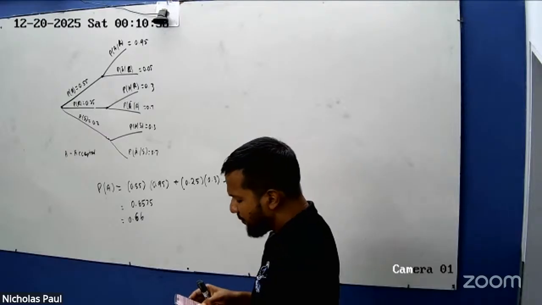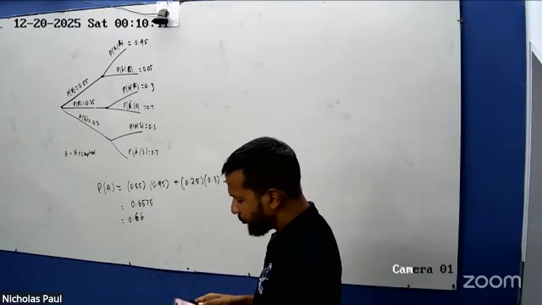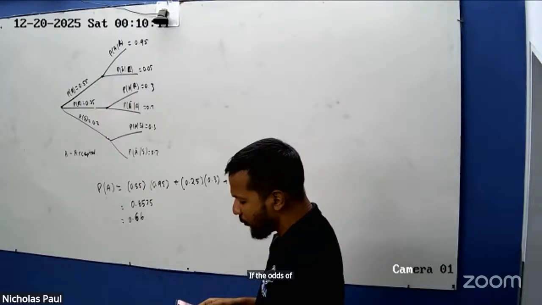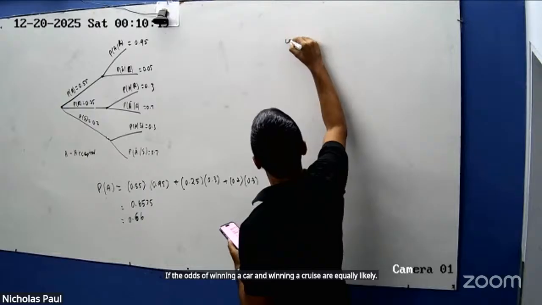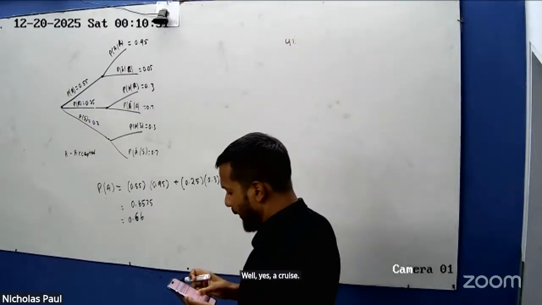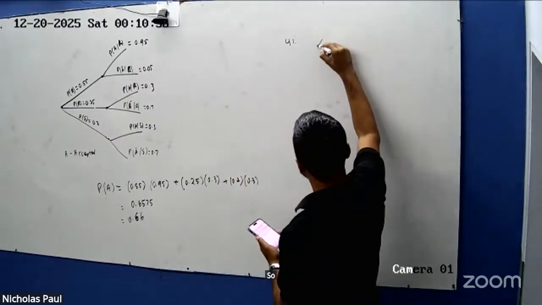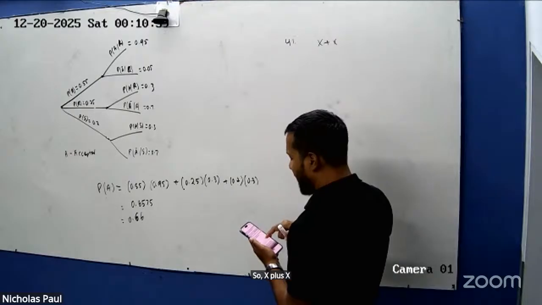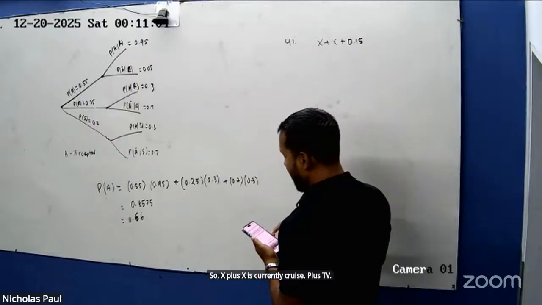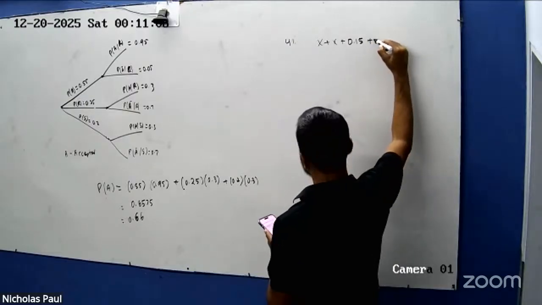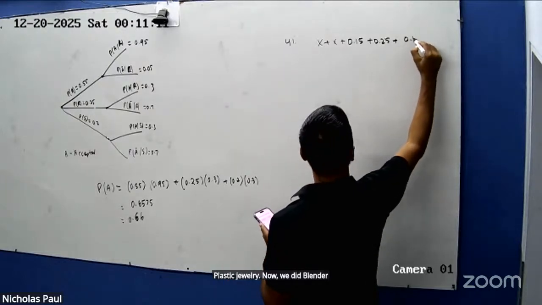First one, they give you the prizes and the probabilities. The odds of winning a car and winning a cruise are equally likely. So x plus x, that's the car and the cruise, plus TV, plus jewelry, plus the blender, which is 0.5.